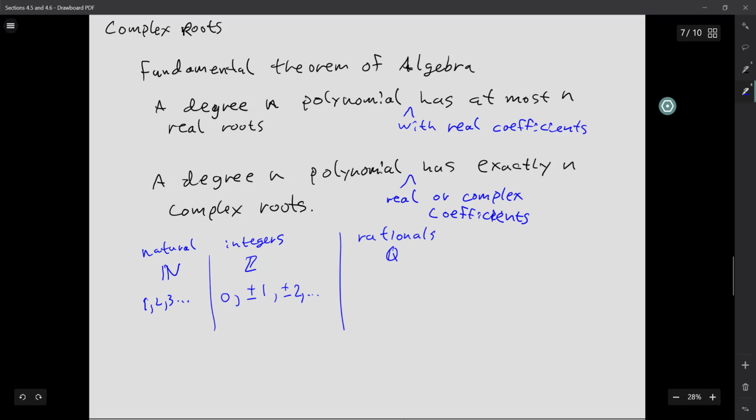That's with a Q, and those are all your fractions. So I'm just going to say fractions of integers. And then we have real numbers.